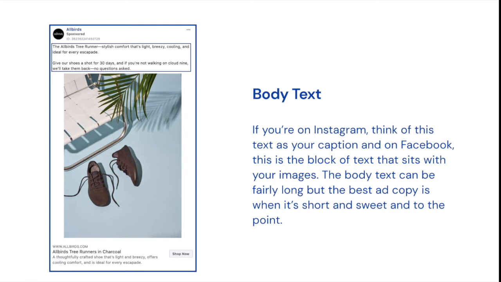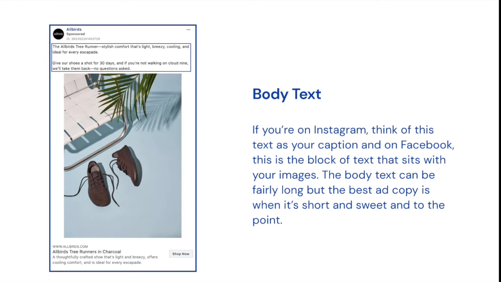It's really good to launch our body text with that call to action and keep the attention of our potential customer as we move through. It's pretty similar across all of the platforms when it comes to the different placements. Like I mentioned, on Facebook it's going to sit above the image.